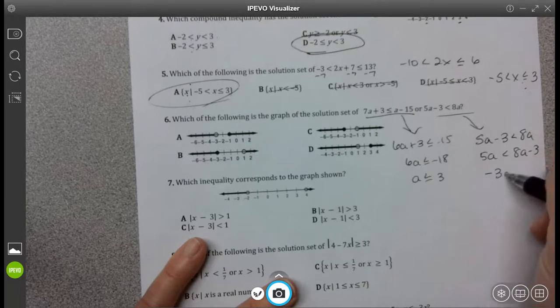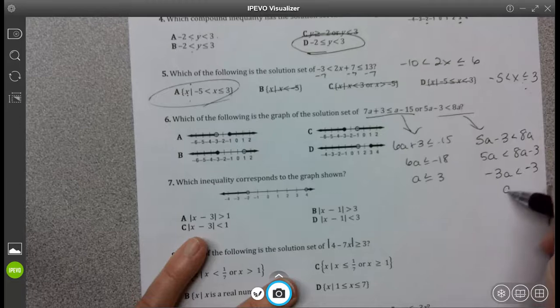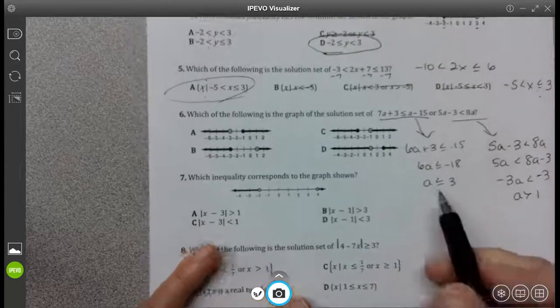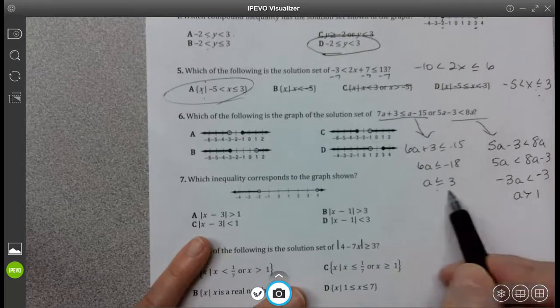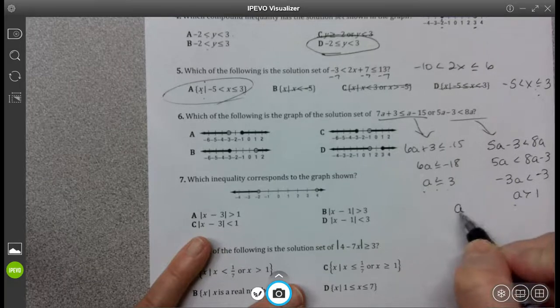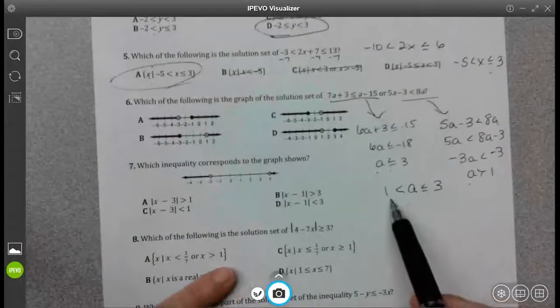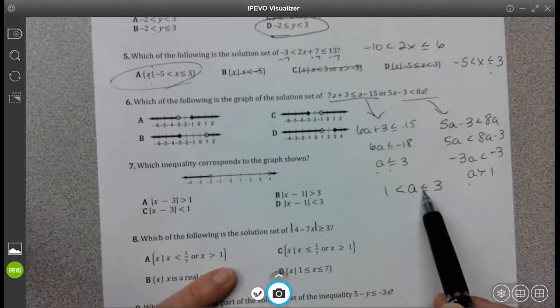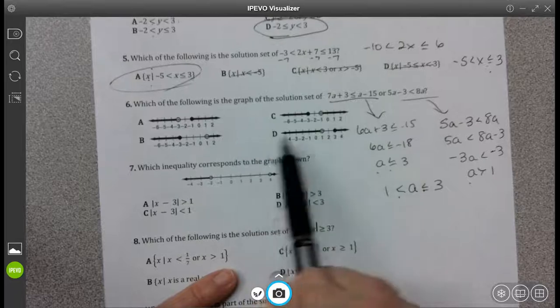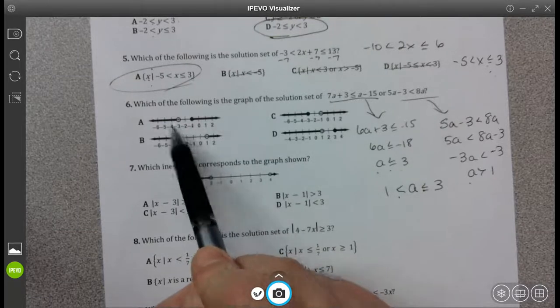Bring 8 over here. Divide to get a negative. So I got to be greater than 3, or less than 3, but greater than 1. So I got to be greater than 1, but I got to be less than 3. So we need closed circle, open circle. Yeah, it's filled in.